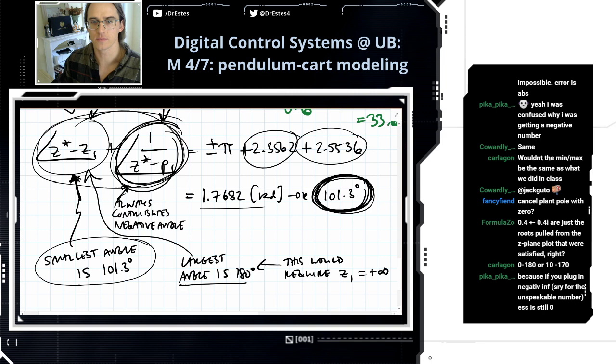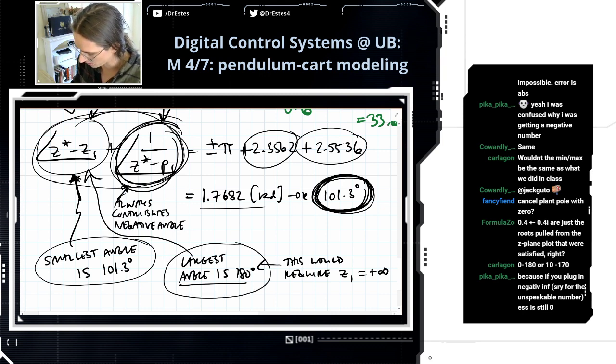And we generally don't like to go there. Okay, but the point is, you find the smallest angle that the zero could contribute, you find the largest, and then you just have to pick some angle in that range.